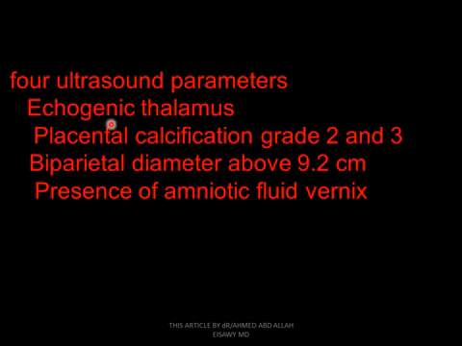Other ultrasound parameters which may be used to assess lung maturity: echogenic thalamus, placental calcification grade 2 and 3, biparietal diameter above 9.2 cm, presence of amniotic fluid vernix. These may be parameters for lung maturity.